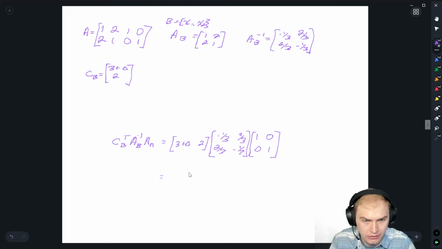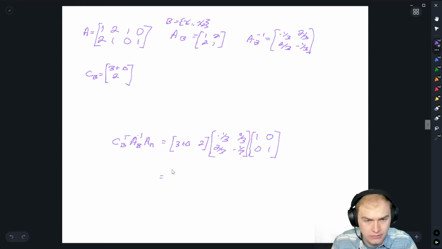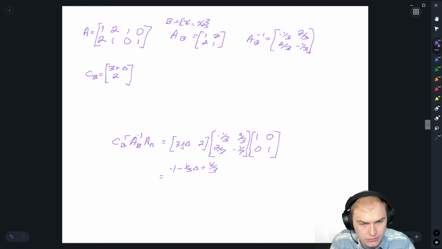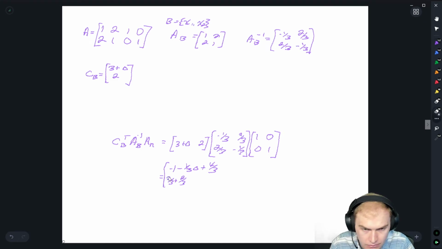So we are left with a vector: negative 1 minus 1/3 delta plus 4/3, and, correction, not 2/3. 3 times 2/3 is 6/3, which is 2.